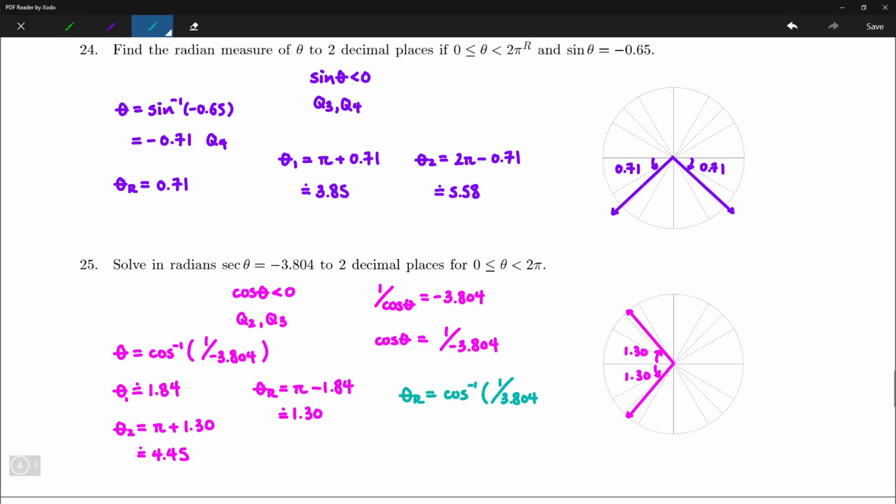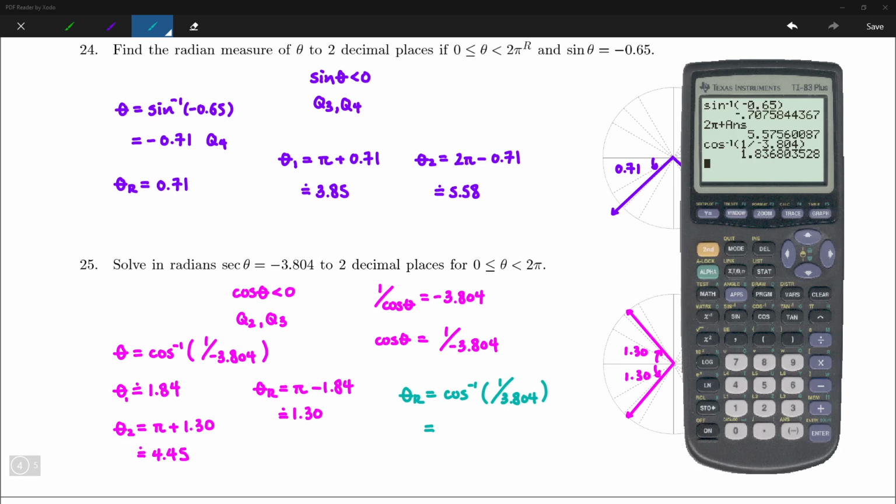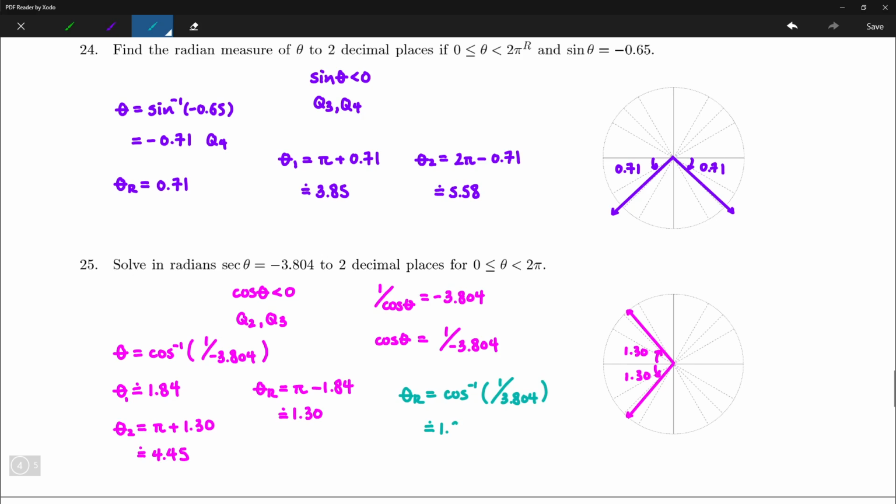So the positive version of the same number, and that will give us, of course, the quadrant 1 answer, which we can use as the reference angle. But the rest of the question will behave much the same way. So this will be the reference angle of 1.3. So that's a slightly different way of doing the same question.